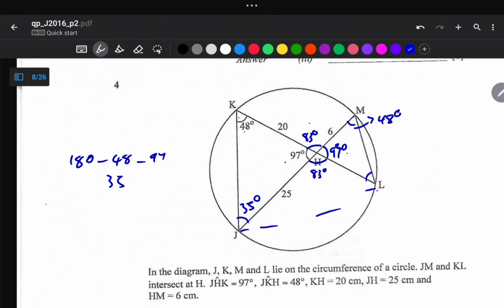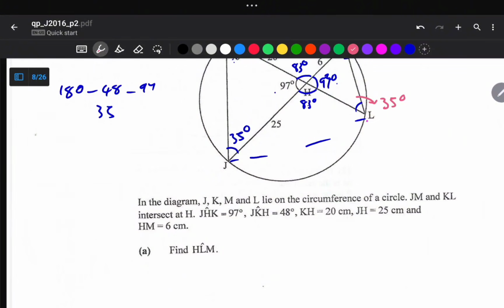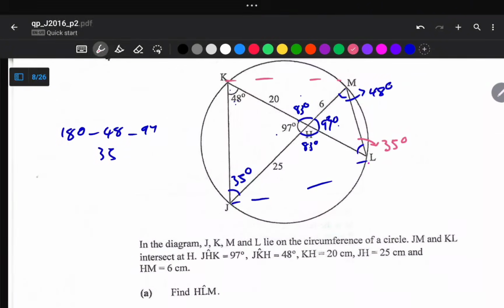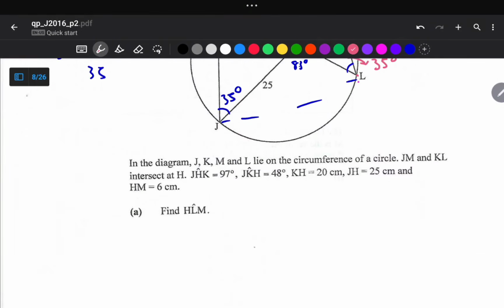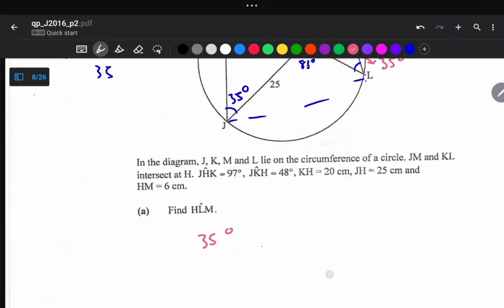And also you can see that this angle 35 and this one here are subtended by this chord KM. So this angle 35 is equal to this one. So this one is also equal to 35 degrees. So our angle HLM is equal to 35 degrees.